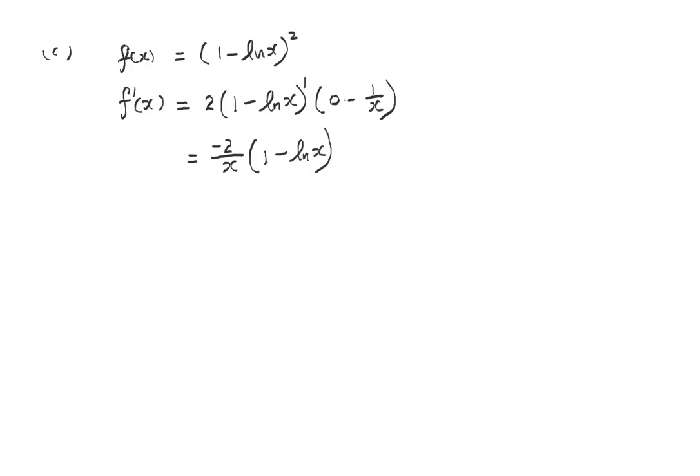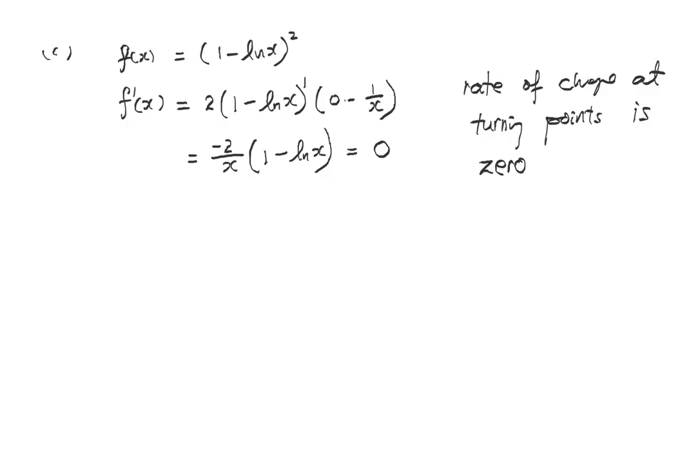Okay. So you want to talk about minimum point and maximum point, the rate of change at that point is equal to 0. Am I right? So remember, rate of change at turning point is 0. So it stopped changing.